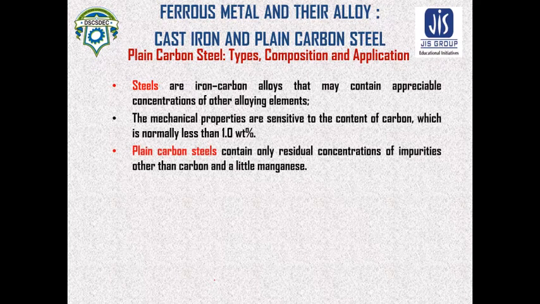Now plain carbon steel contains only residual concentrations of impurities other than carbon. That means in plain carbon steel the maximum concentration is iron, after that carbon, and only the residual part is filled by other alloying elements such as a little manganese.